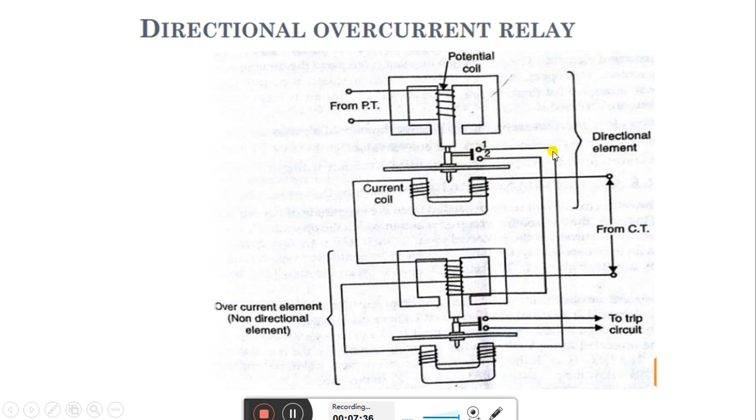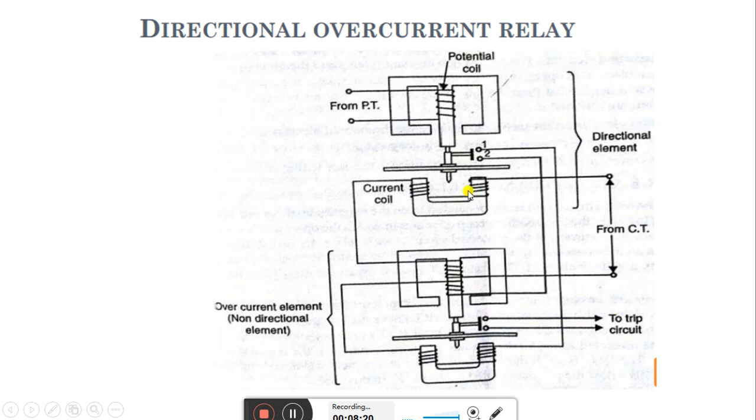So supply will be extended from here to the lower magnet of this non-directional element, and as soon as the supply is extended to this non-directional element of the current coil, there will be a torque developed between E-shaped magnet and this U-shaped magnet. So this disc will start rotating, and as soon as this disc starts rotating, these contacts will be bridged, so that the supply will be extended to trip the circuit.